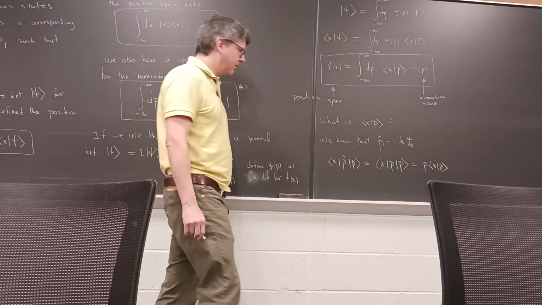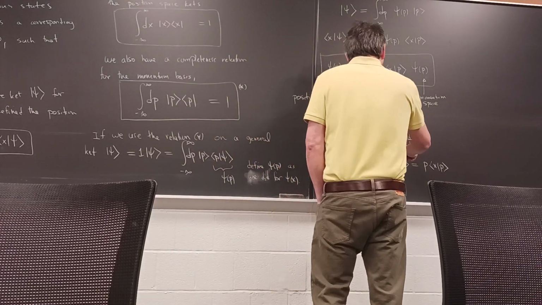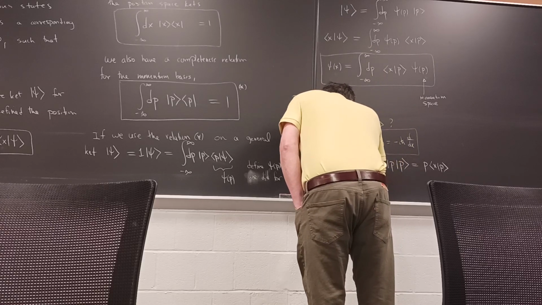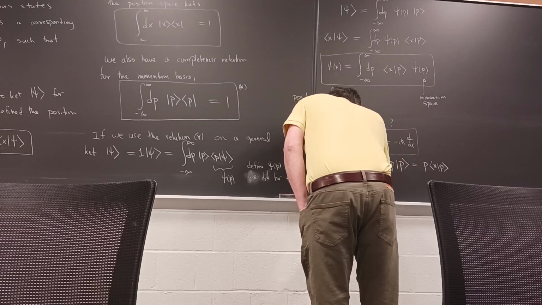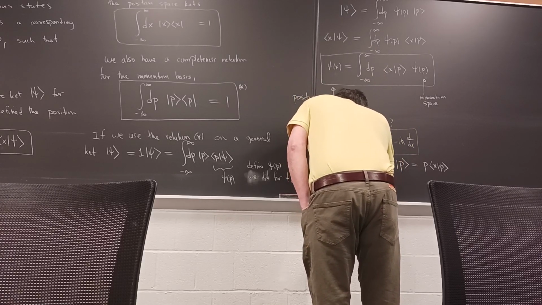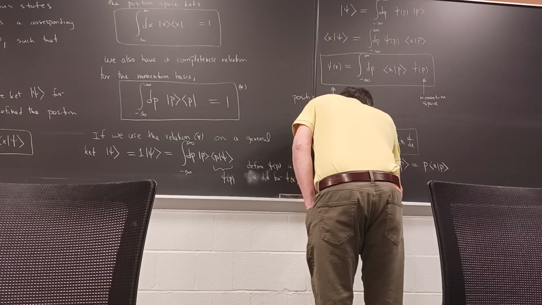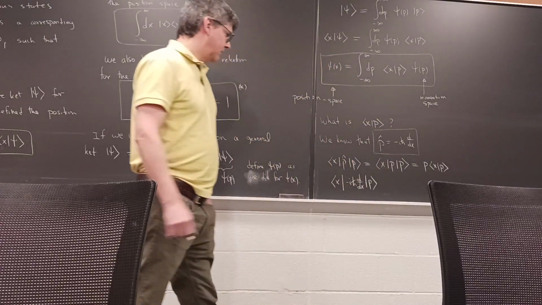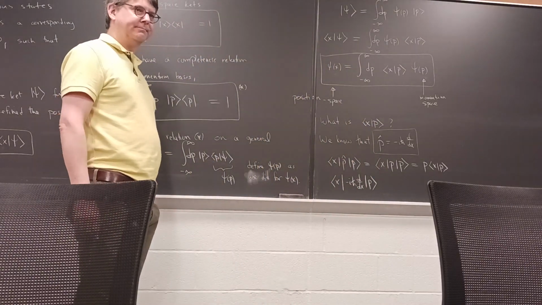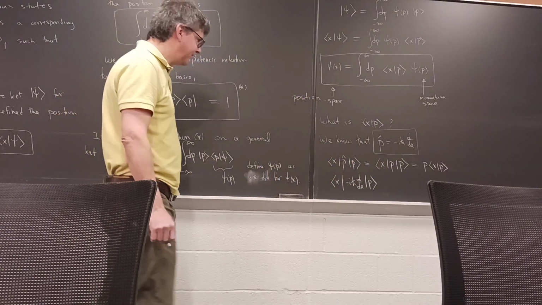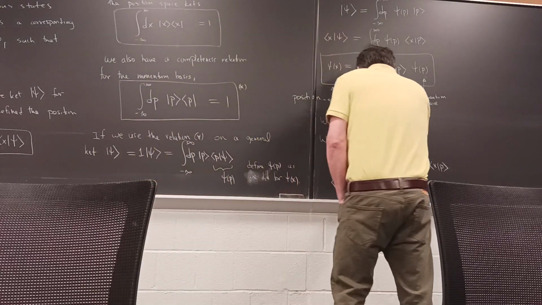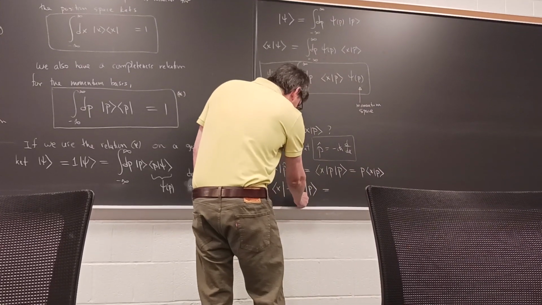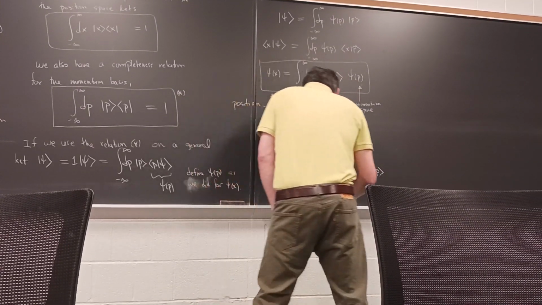That's one way to write it. And the other way is in terms of this derivative operator, minus i h bar d by dx acting on <x|p>. We can pull this d by dx out on the left-hand side.